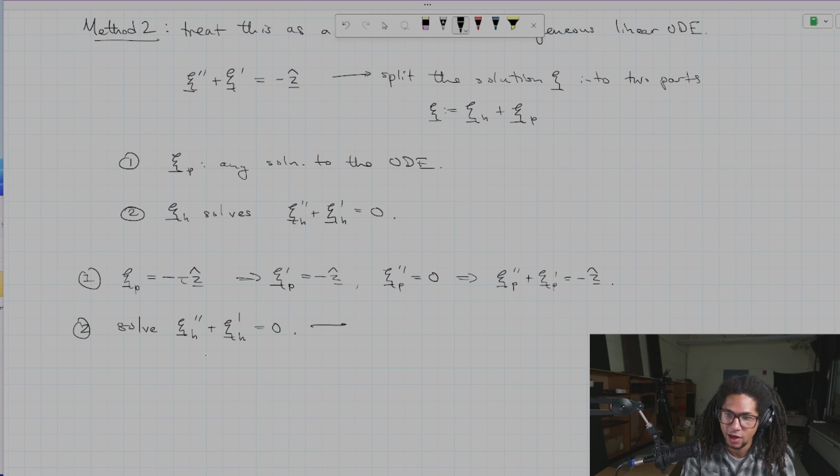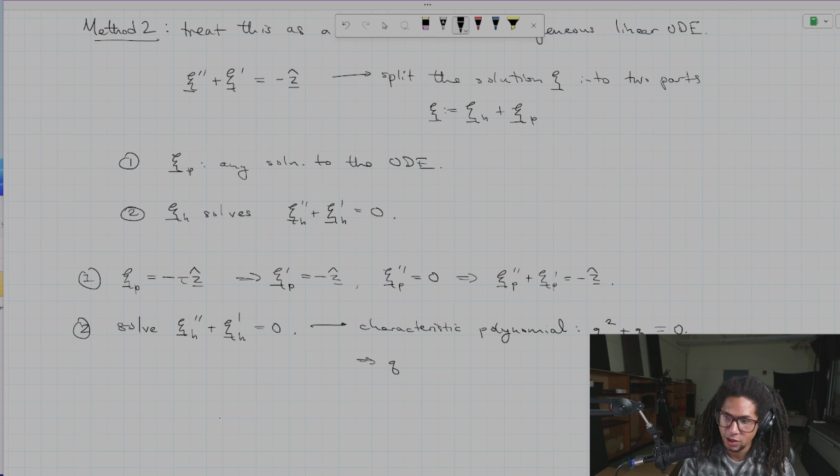So this gives me the characteristic polynomial. Let me just write it out. Polynomial q squared plus q is equal to 0. Now the way that I proceed is by finding the roots of the characteristic polynomial. To do that, in this case, I can just factor it.